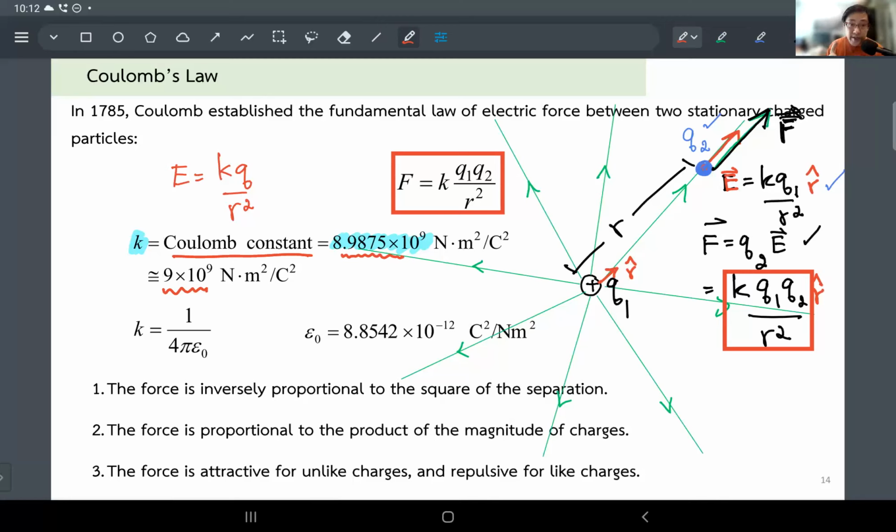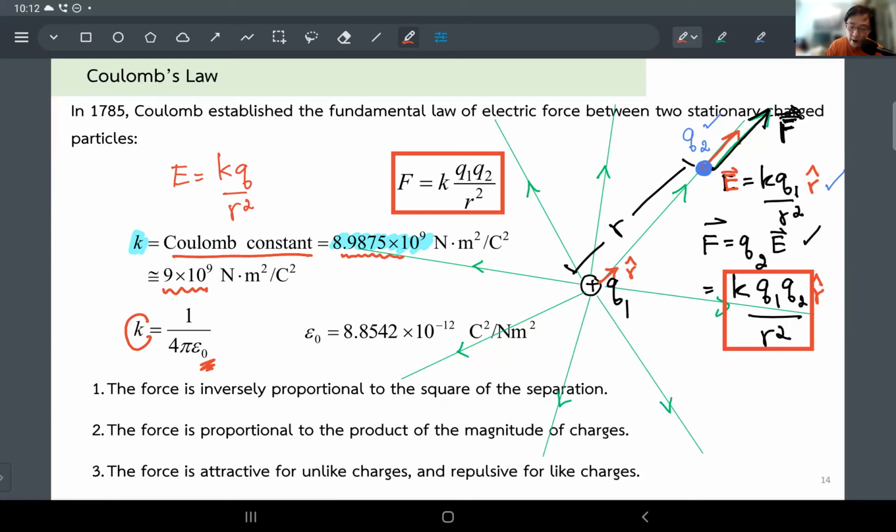However, it turns out, you will see this in a couple of lectures later, this K that we are using right now can be written in terms of another constant that I would say is even more super fundamental, and that is epsilon naught. We'll take care of this epsilon naught a little bit later.